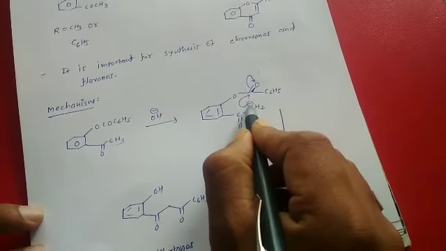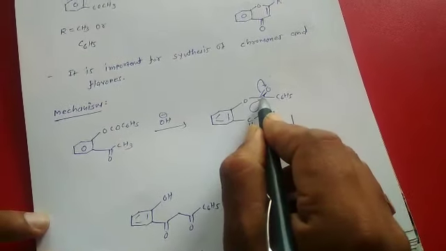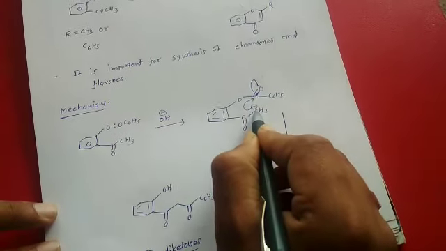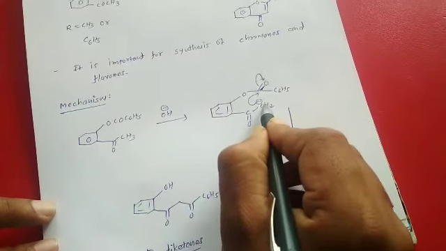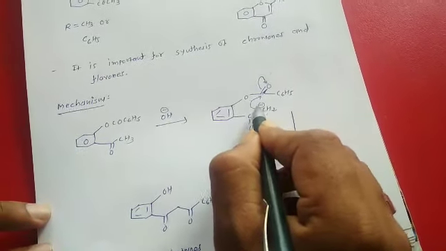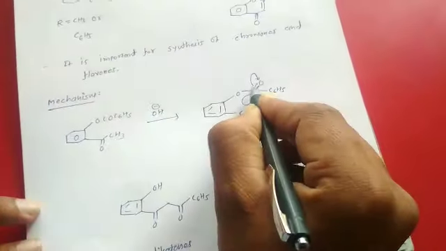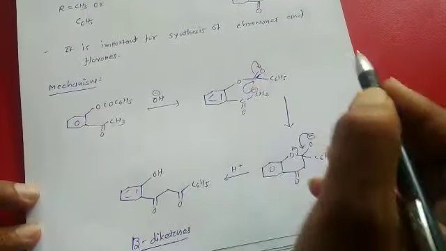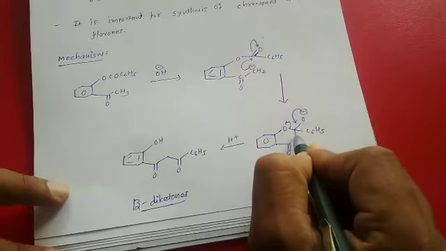This CH2 minus will attack this carbonyl carbon because it is electropositive and the carbanion is electronegative. So this negative charge will attack here, this double bond will open up and the negative charge will remain on the oxygen side. Here you can see this bond form.